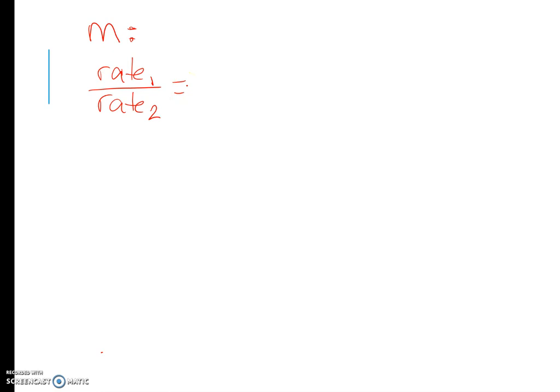And we see that the concentration is 0.06 molar over 0.02 molar, all raised to the m factor.